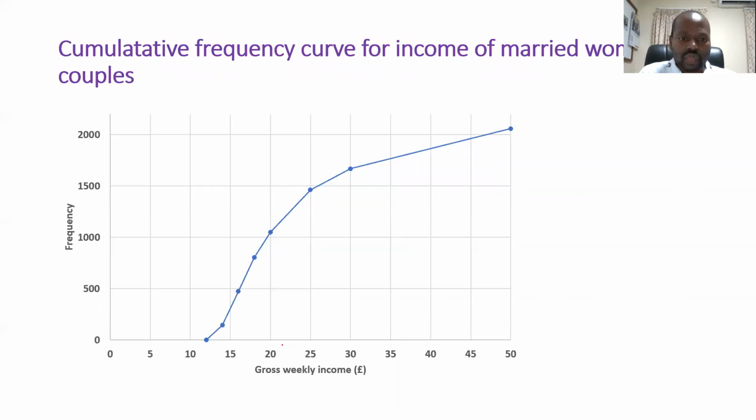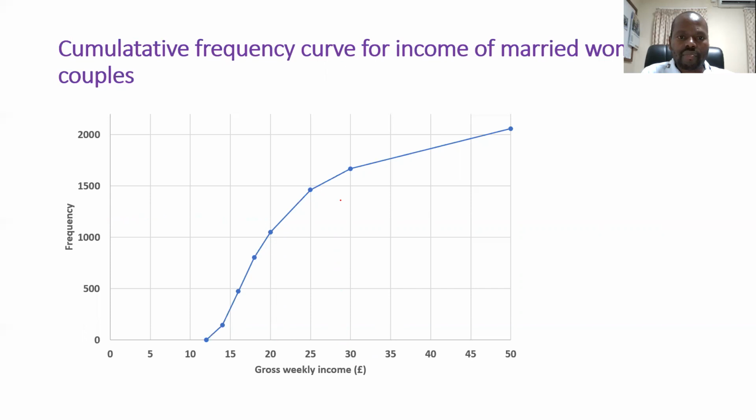So 22, so here maybe 21, 22. If you move up somewhere there and go across here, this should be maybe 1,200. And 28 is maybe somewhere here.